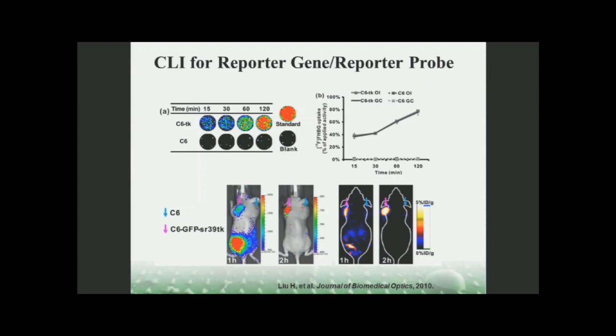Basically they provide similar information from these two imaging modalities. You can really take advantage of this and use Cerenkov Luminescence as a substitute for PET imaging. People also demonstrated you can do this for radioiodine. So this is F18 imaging, and if you can do the iodine-based imaging, then you can use this CLI for reporter gene, reporter probe monitoring.